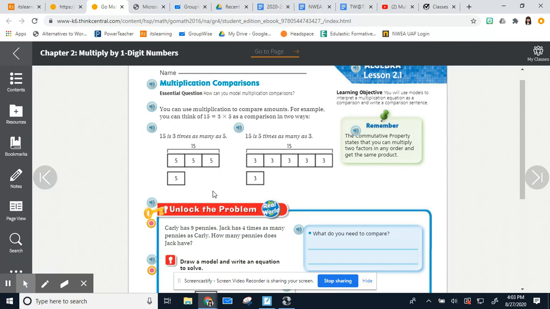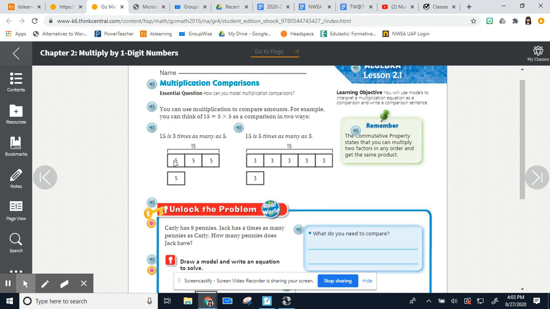All right, so if we look here, we're looking at 3 times 5 is 15, or 15 is equal to 3 times 5. So what that means is 15 is 3 times as many as 5. So what they've done here is they have their 5 here at the bottom, just one block.